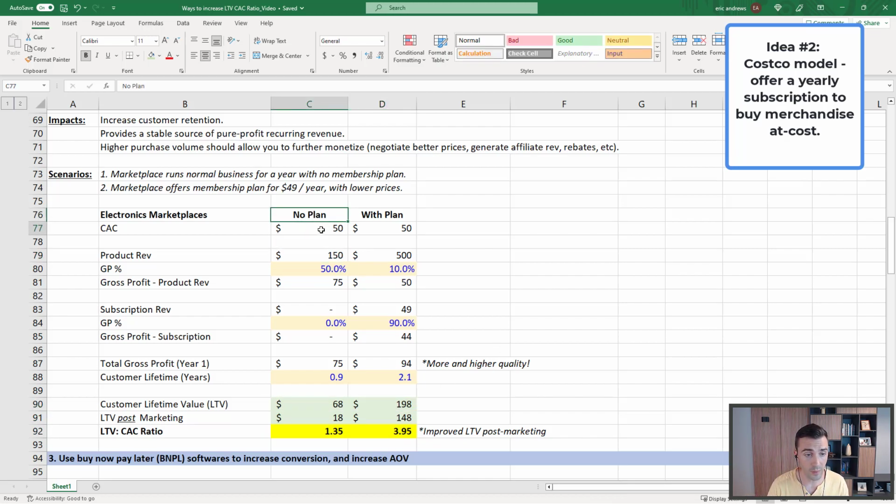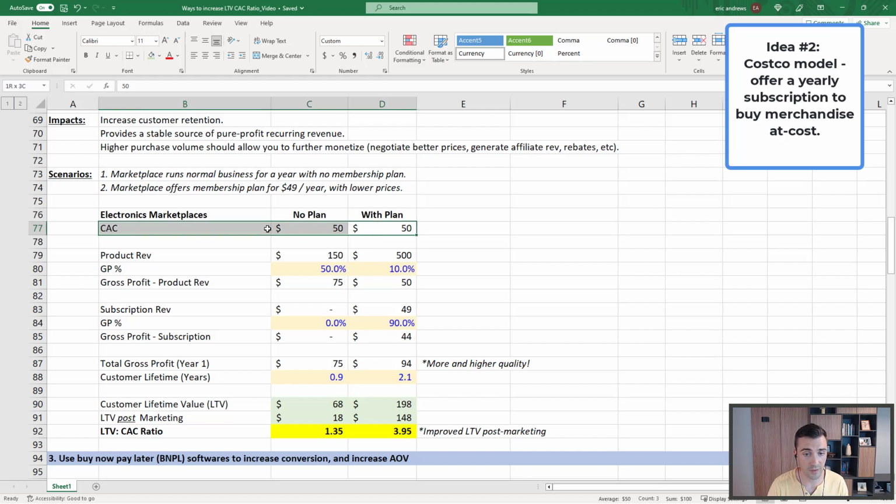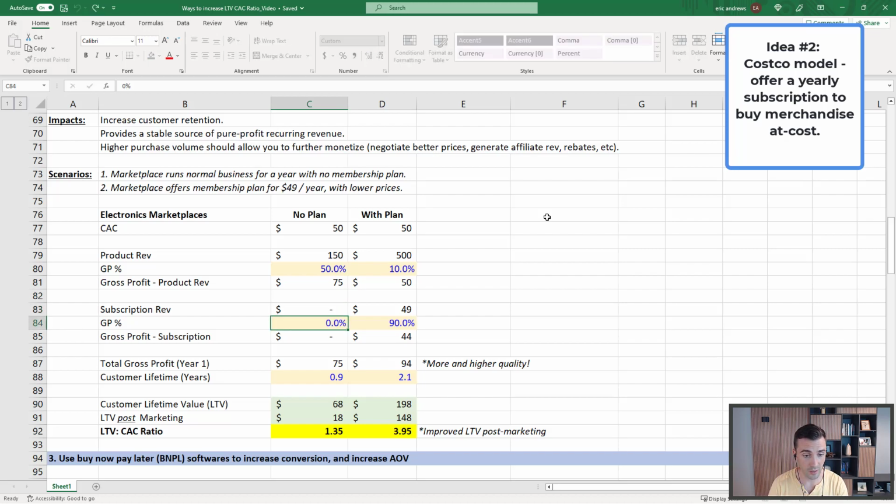So no plan, CAC we're saying is around $50 to acquire a customer. So product revenue, and we're saying this is over the course of a year, is $150 their average customer spends in a year. Gross profit margin is 50%. And so this company makes $75 per customer per year. There's no membership, so they don't make any money there.